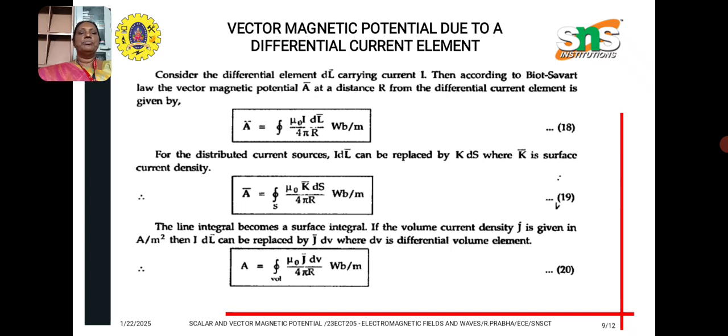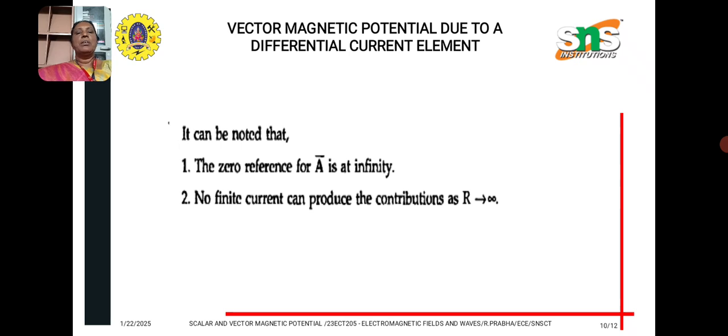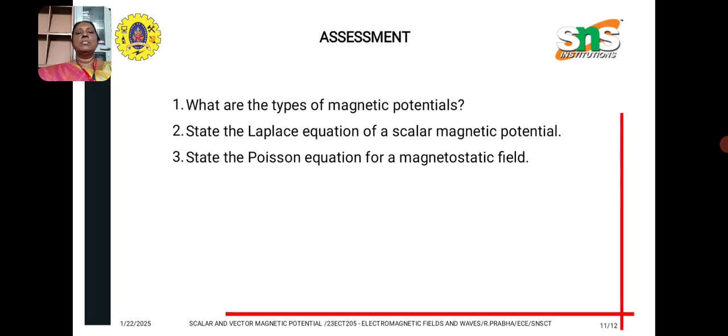And for volume integral, it is the integral over the volume of mu naught J dv by 4 pi r Weber per meter. So we can finally note that the zero reference for the magnetic vector potential is at infinity. No finite current can produce contributions as r is equal to infinity.